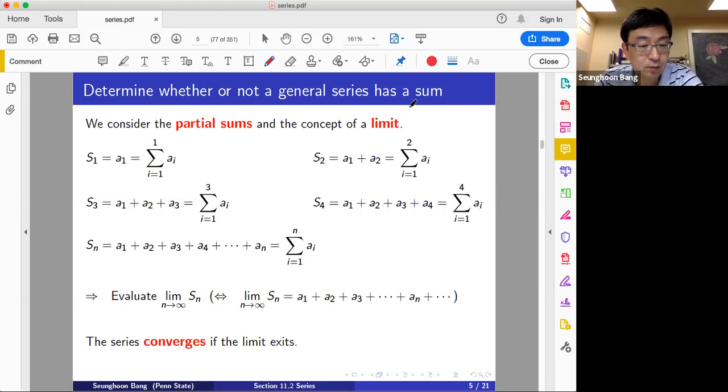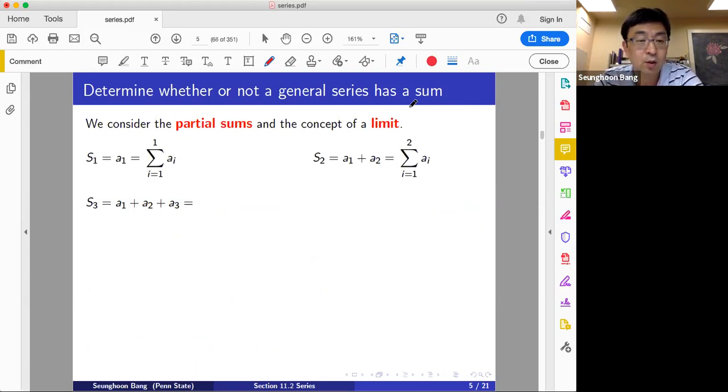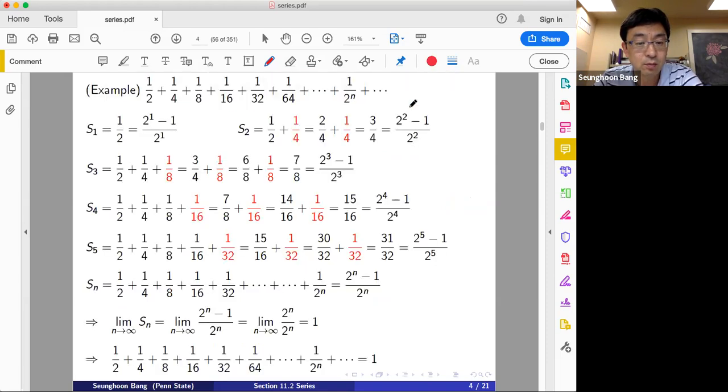What happened to the previous one? The limit of Sn is 1. So we say this series converges to 1. This is the answer to this question.